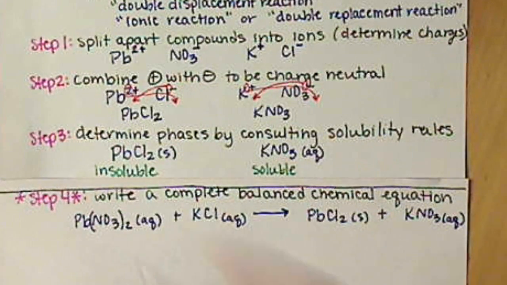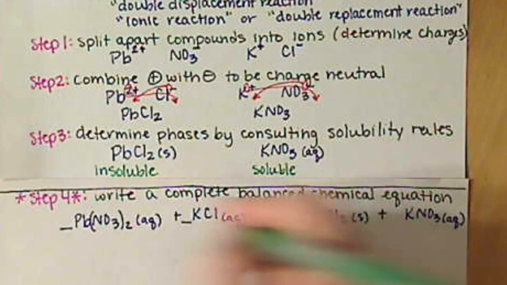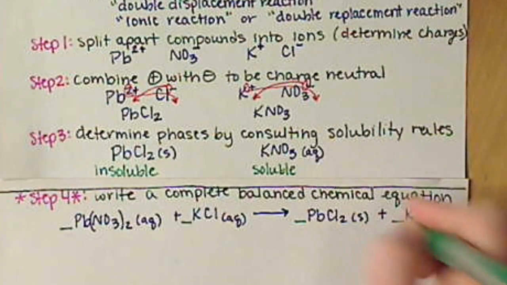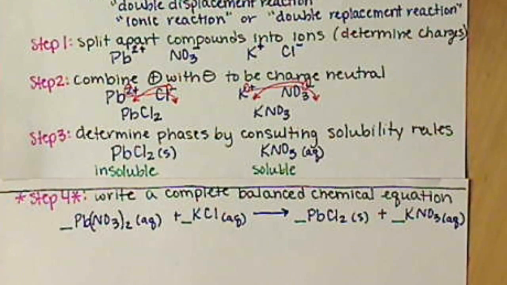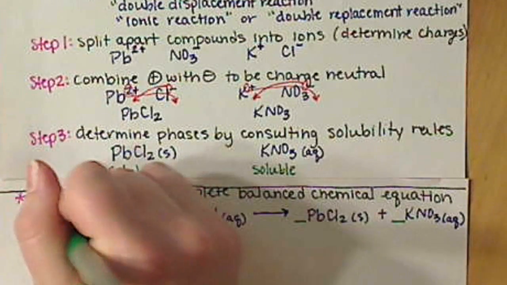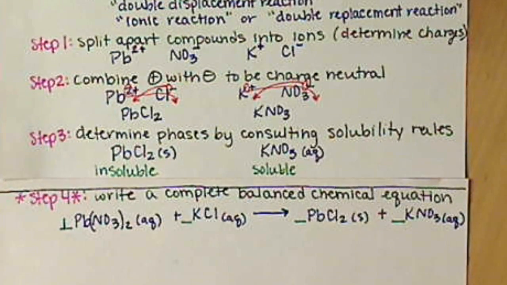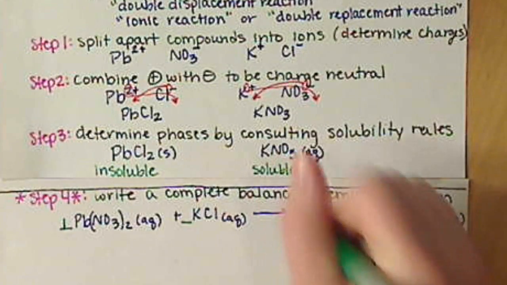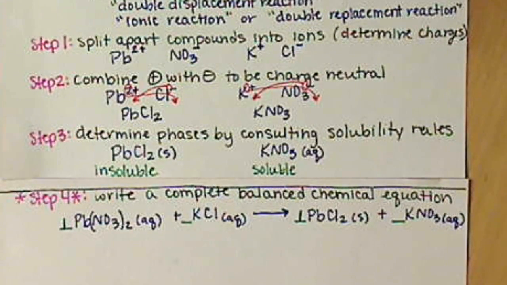So, to balance it, remember we pick one compound to start out with, and we'll assign it a 1. I'm going to start with our lead 2 nitrate, our PbNO3, because as those parentheses, it looks a little scary to me. We have 1 lead, so I go over to my products. I need a 1 out in front of the PbCl2. Go back to my starting compound.